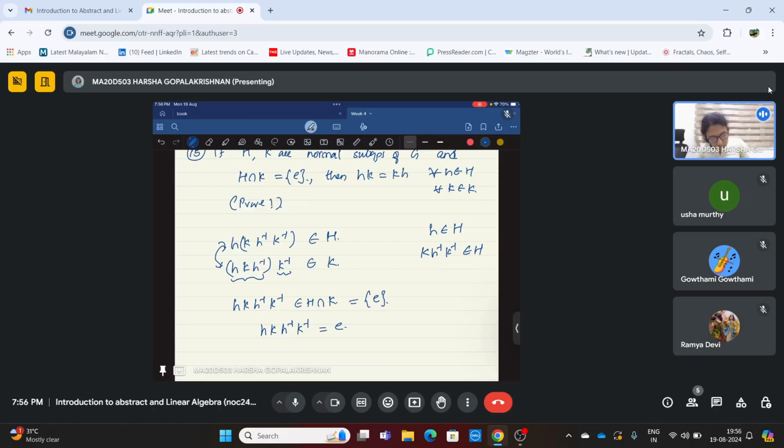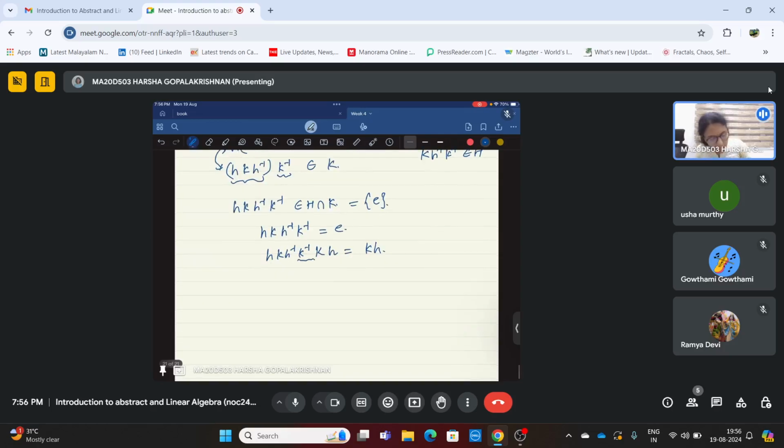Now what we will get: h k h inverse k inverse into k into h. We are multiplying with kh on both sides. So first we will get this as identity, and then in the next step these two we will get identity. So what is this? hk equal to kh. We are choosing arbitrary elements h and k from the subgroups H and K.